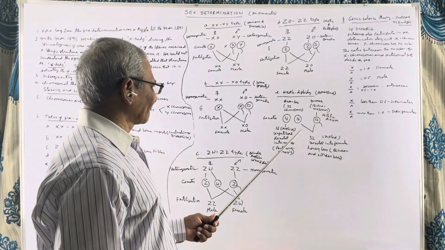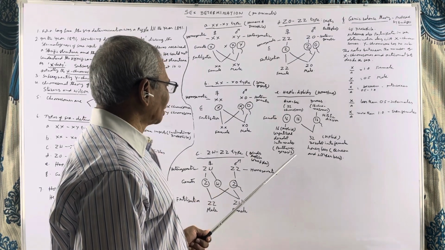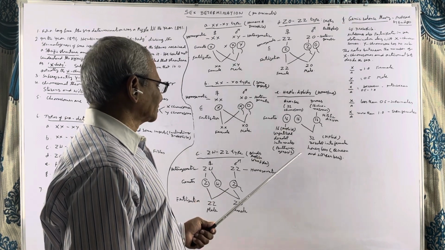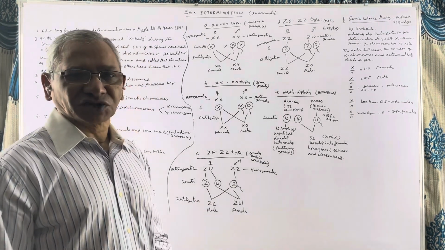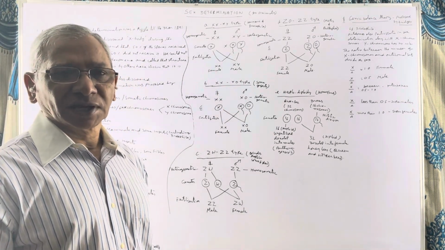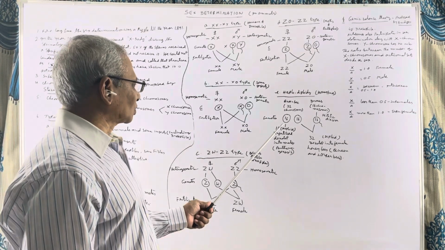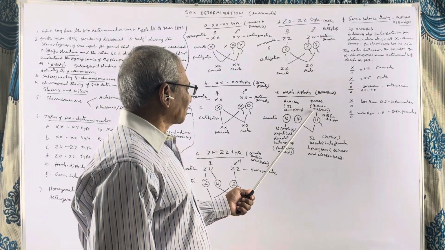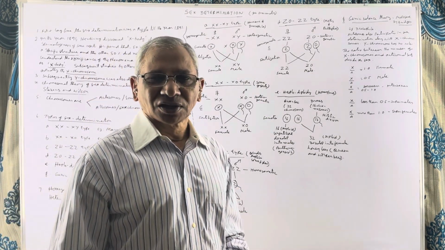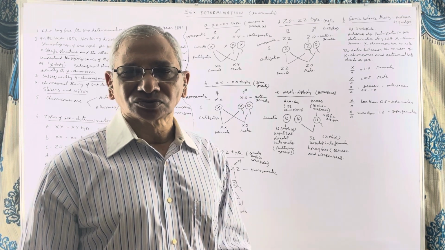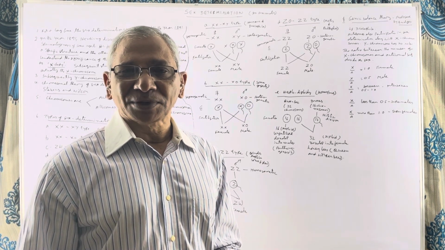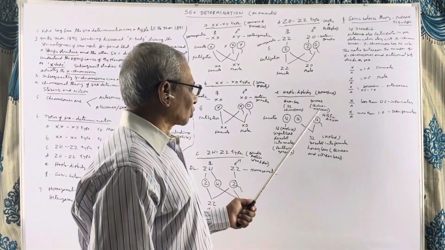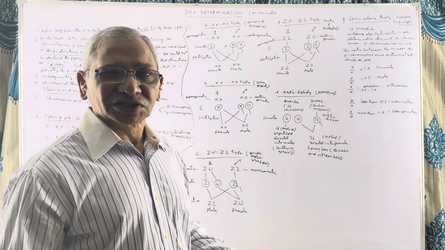Here what happens is, the female produces eggs through meiotic division. The queen bee produces eggs through meiotic division, and the eggs receive 16 chromosomes each. Coming to the males or the drones, already they have haploid number of chromosomes. So they cannot exhibit any meiotic division. So the interesting thing is, during gametogenesis of drones or males, mitotic division takes place.